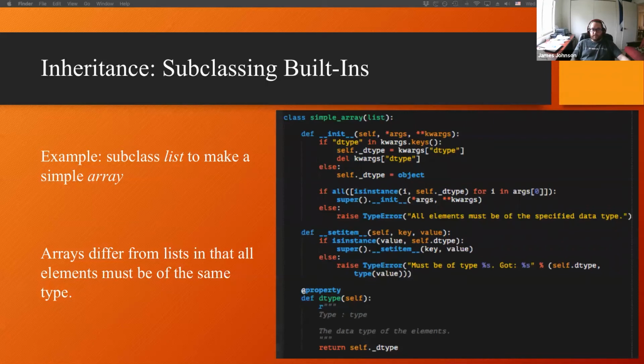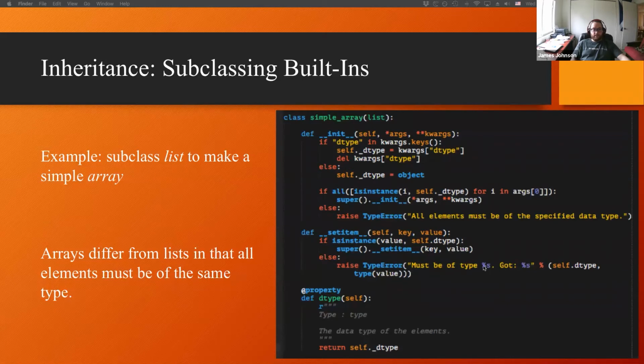And we'll always proceed in that order. All this does is say, if the value I got is an instance of the data type that this array stores, then call super and call its __setitem__ function and give it the key and value that were stored. Otherwise, if the value is not of the given data type, raise your TypeError and say that this has to be of that type.